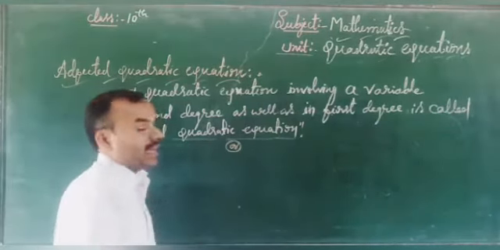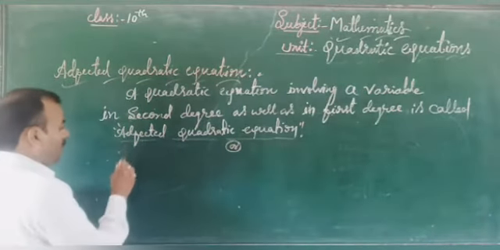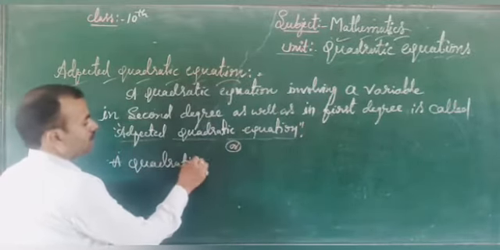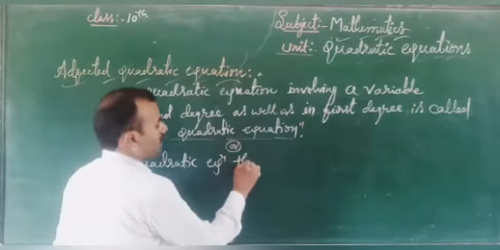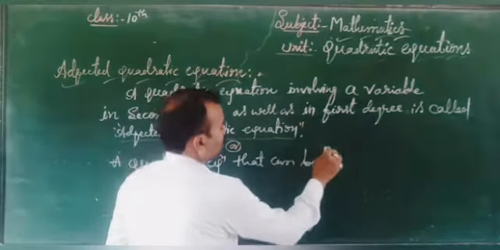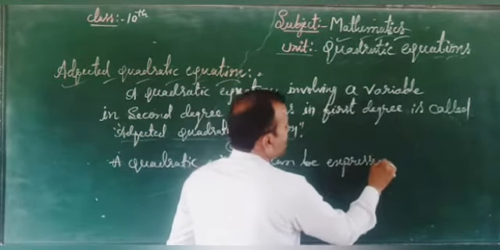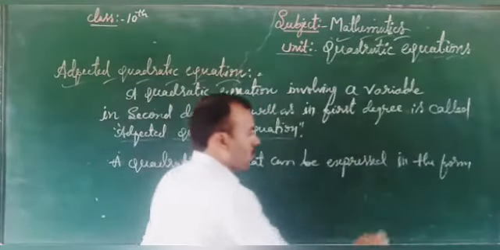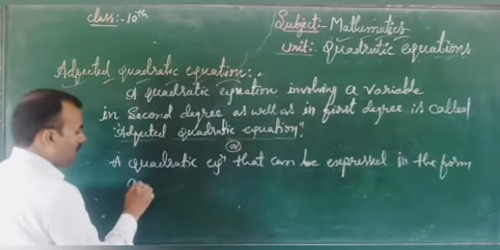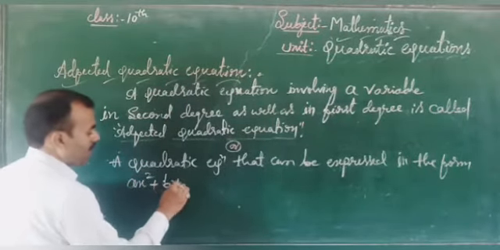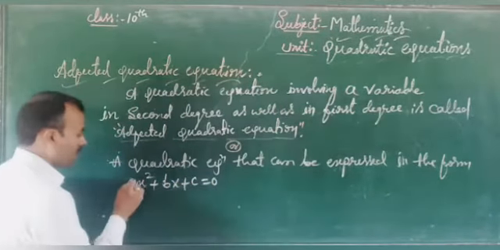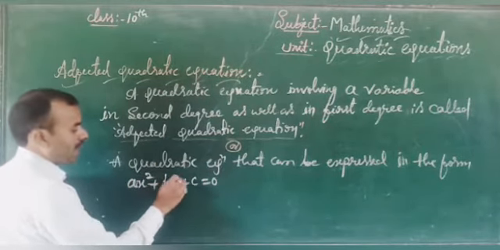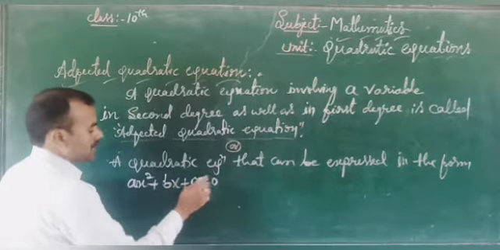Or we take in general form, a quadratic equation that can be expressed in the form ax square plus bx plus c equals 0.